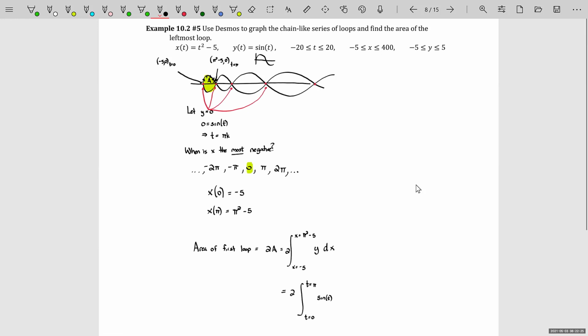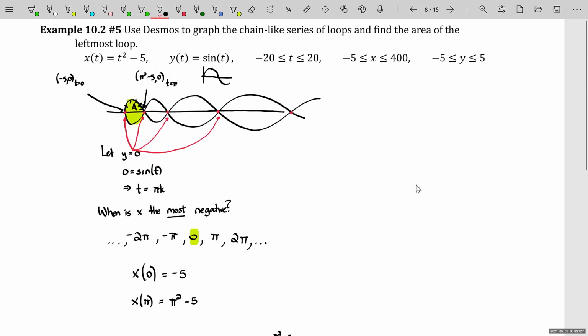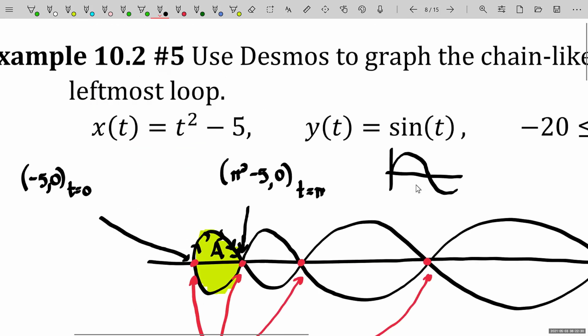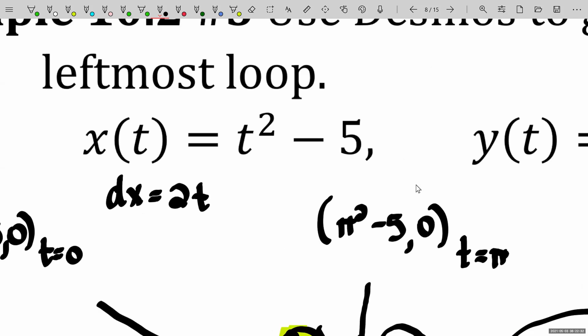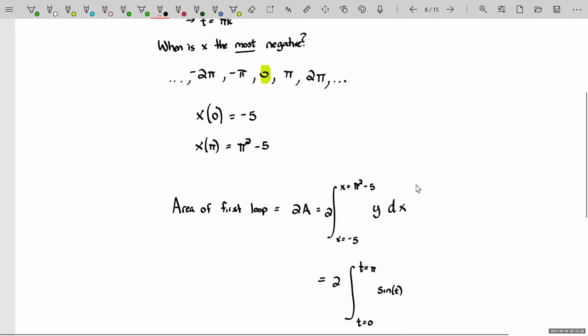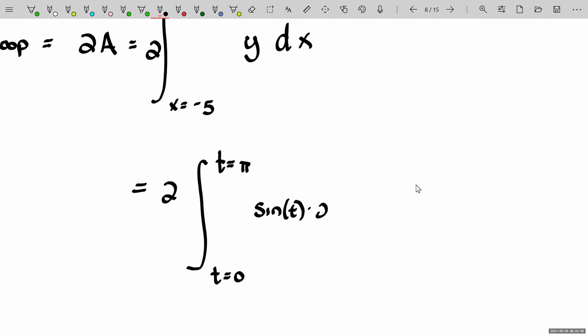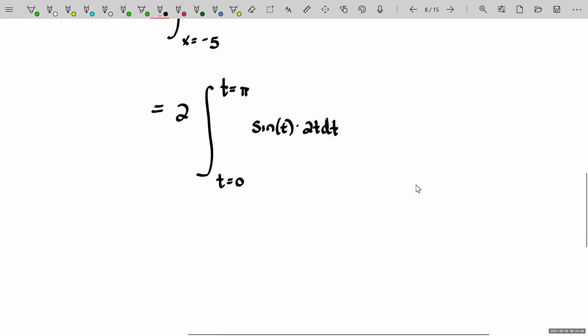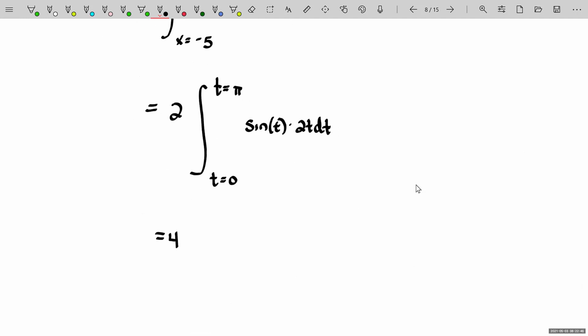And dx is going to be 2t dt. And we have yet another integration by parts. This one's a little bit faster. So this will be 4 times the integral from time 0 to time pi of t sine of t dt.